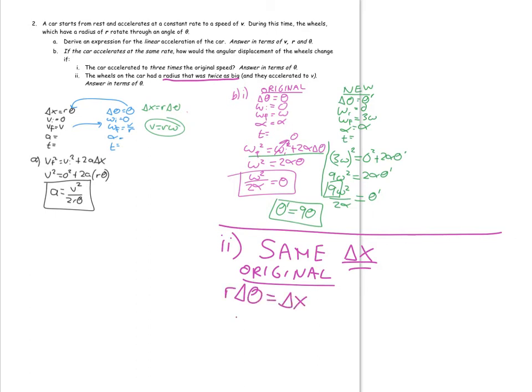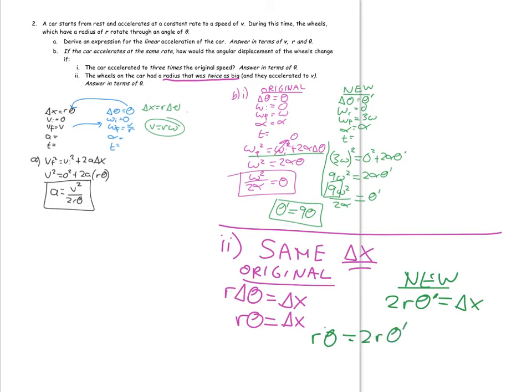So originally, it's just r theta that was equal to my delta x. My new situation, I now have twice the radius, so 2r theta prime equals delta x, where theta prime is that new angular displacement. Those two are equal to each other, so I can just set them equal. So I can say r theta equals 2r theta prime.